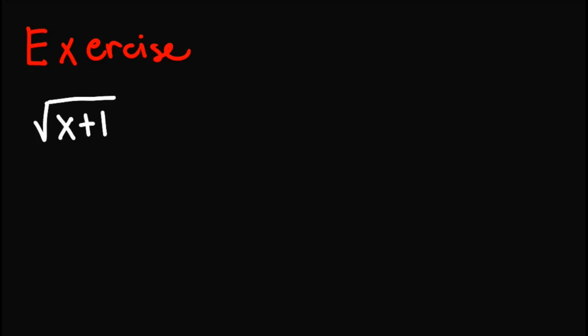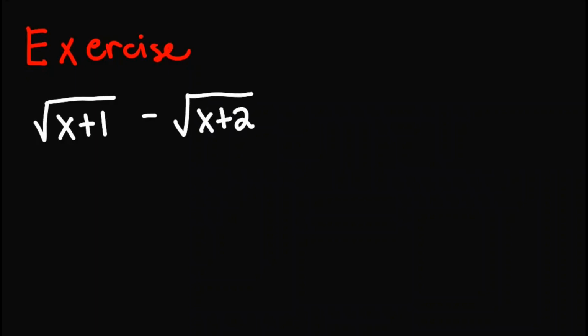Now, for the last part of this one, I'll leave you something to work on. So let's have this as an exercise. You can try to work on the square root of x plus 1 minus the square root of x plus 2.